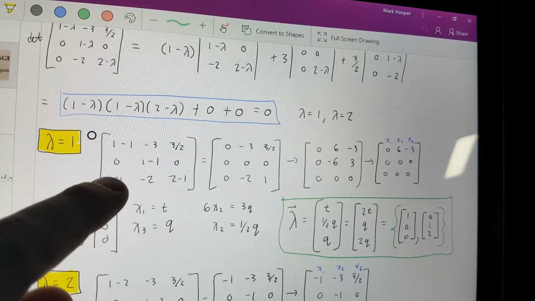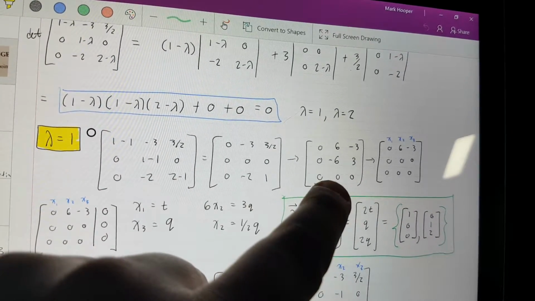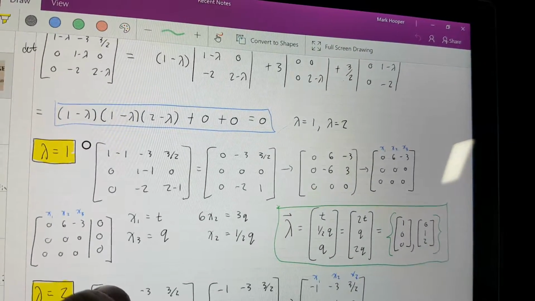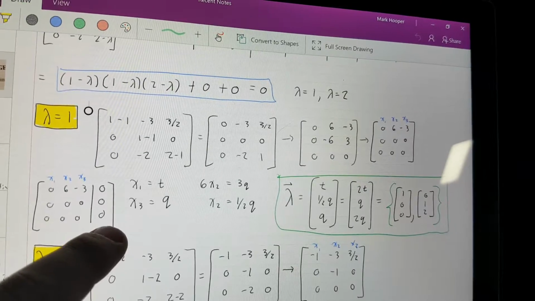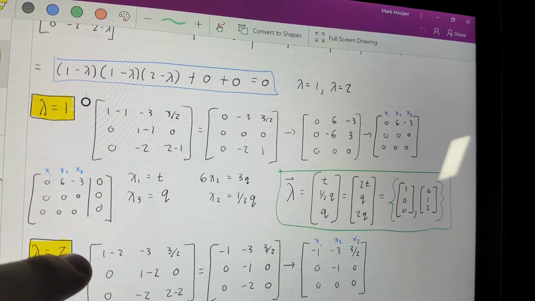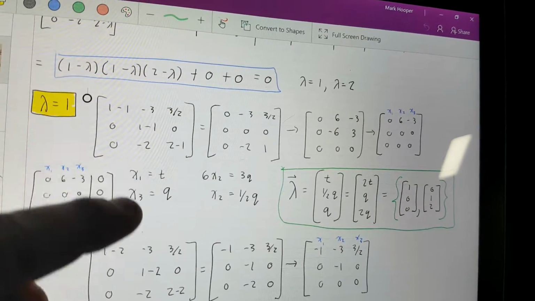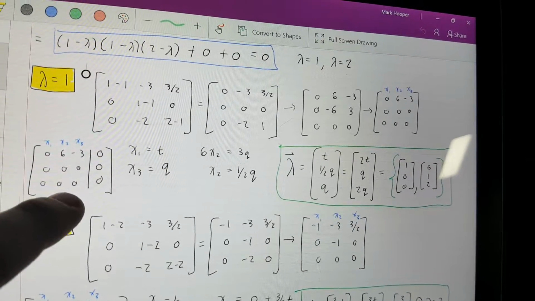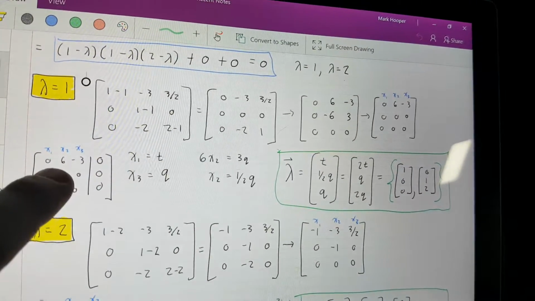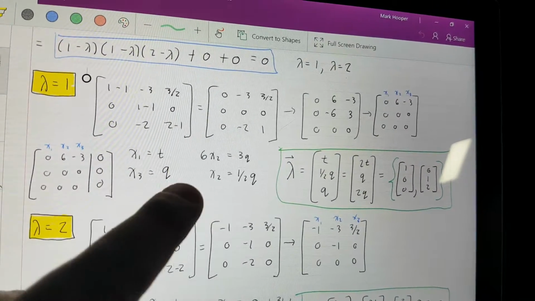So let's plug them in. Get them here to this point. Reduce it down. Now we've got 2 free variables. We've got 2 parameters now. It might have something to do with this. I have a feeling that's what it's about. So we get our 2 parameters. Solve for x2, because it's in terms of x3.